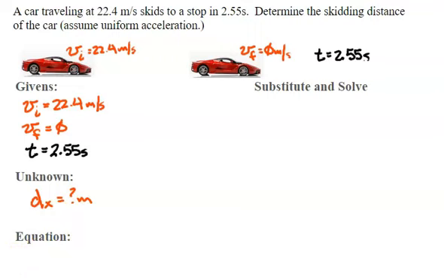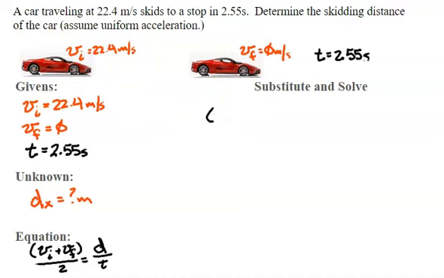In order to do this, I'm going to use the velocity initial plus velocity final, that quantity, divided by 2, that's average velocity, equals distance divided by time.